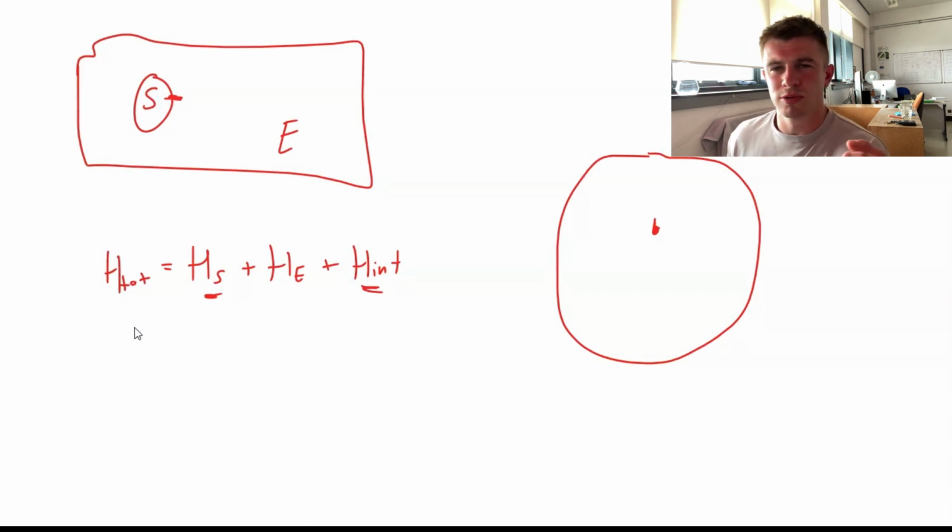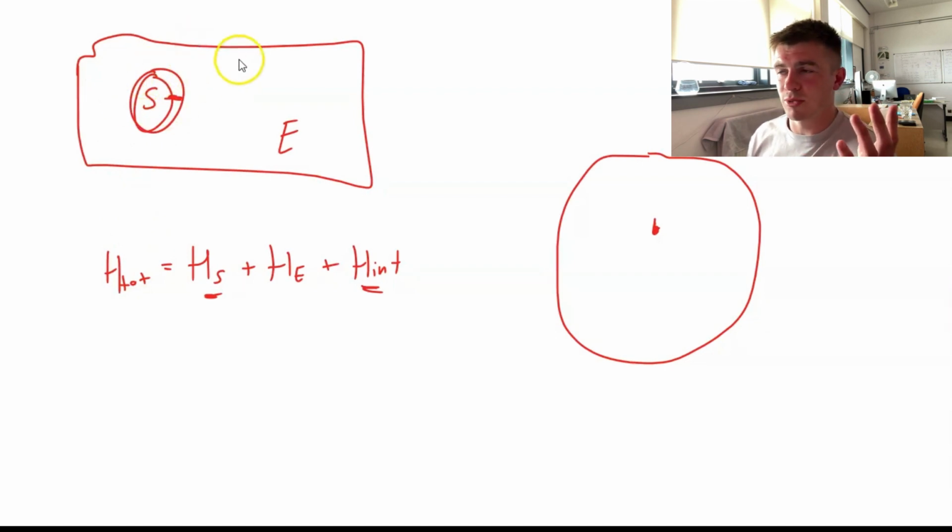So in open quantum systems, what we're always trying to do is figure out what's going on with the system. That's the thing that we care about. The environment is going to be too big and it's going to have too many degrees of freedom for us to simulate what's going on with that.